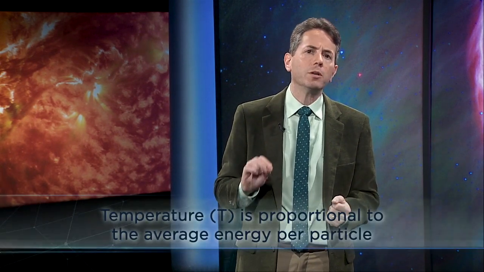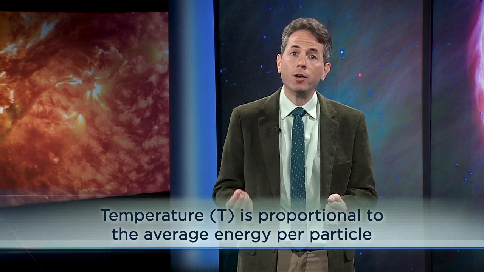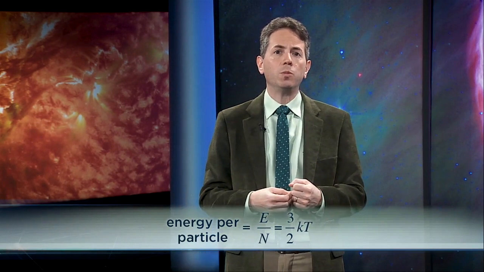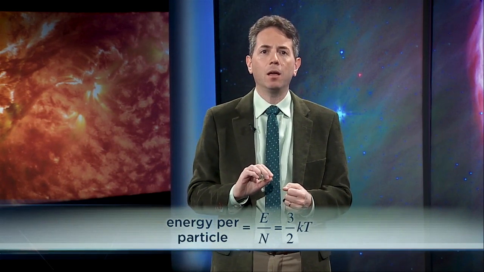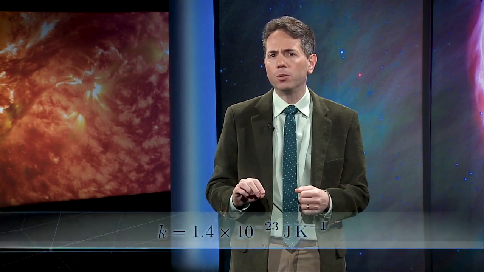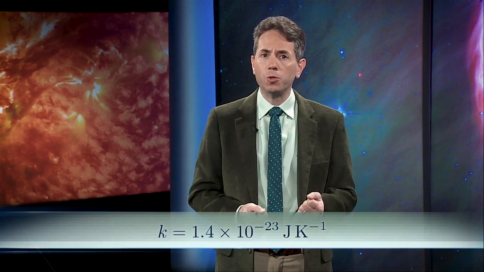The temperature, T, is defined to be proportional to the average energy per particle. For an ideal gas, that proportionality constant turns out to be 3/2 k, where k is Boltzmann's constant. Whenever you see little k in an equation, you know you're doing thermodynamics. The numerical value is 1.4 times 10 to the minus 23 joules per Kelvin.